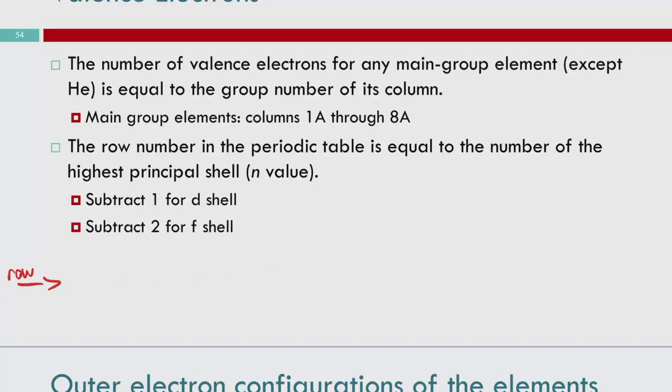Remember that rows go left to right. You would subtract 1 for the D shell. So if we're looking at the first row of the D block, that would be row 4. Subtract 1, it's 3D.